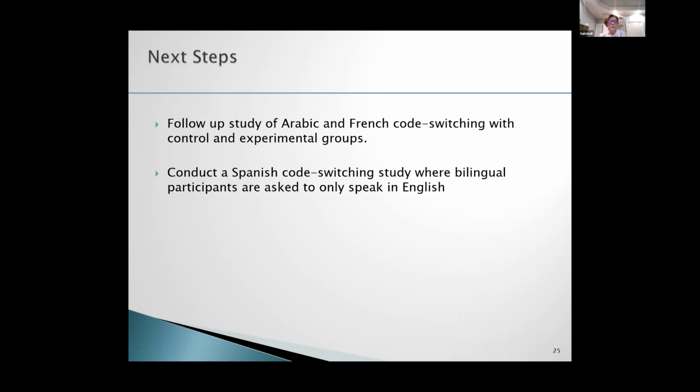And this time, a possibility of reversing the languages, so conducting a purely English interview with bilingual Spanish speakers, asking not to code switch into Spanish and then interrupting with the Spanish experimenter to see if Spanish bilinguals speaking in English at some point, when somebody who speaks Spanish walks into the room, are more likely to code switch into Spanish.